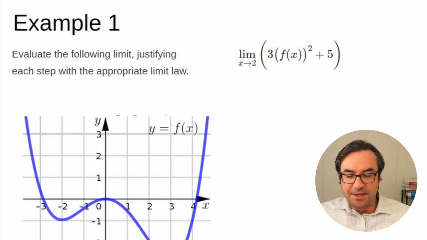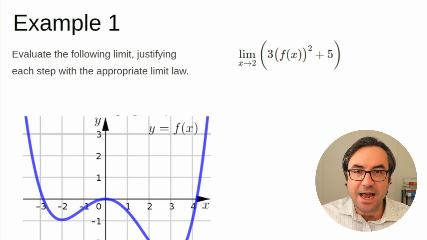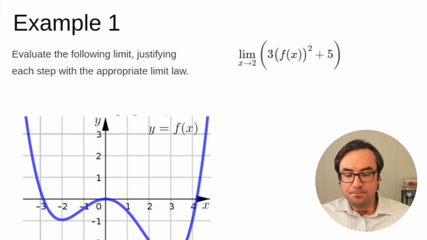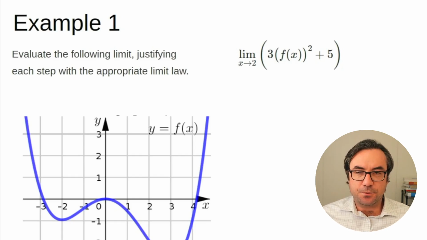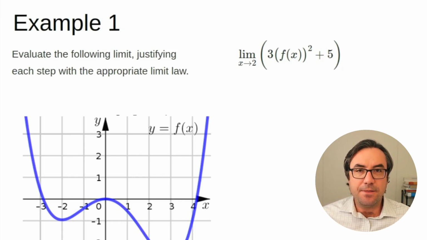So when we look at this thing, what do we got? Well, we have 3 times this function f of x, but that function f of x is getting squared, and then we're also adding a 5 on to the end. All right, so what do we got? Well, the main operation here, the thing that's happening last, is this plus sign right there in the middle.